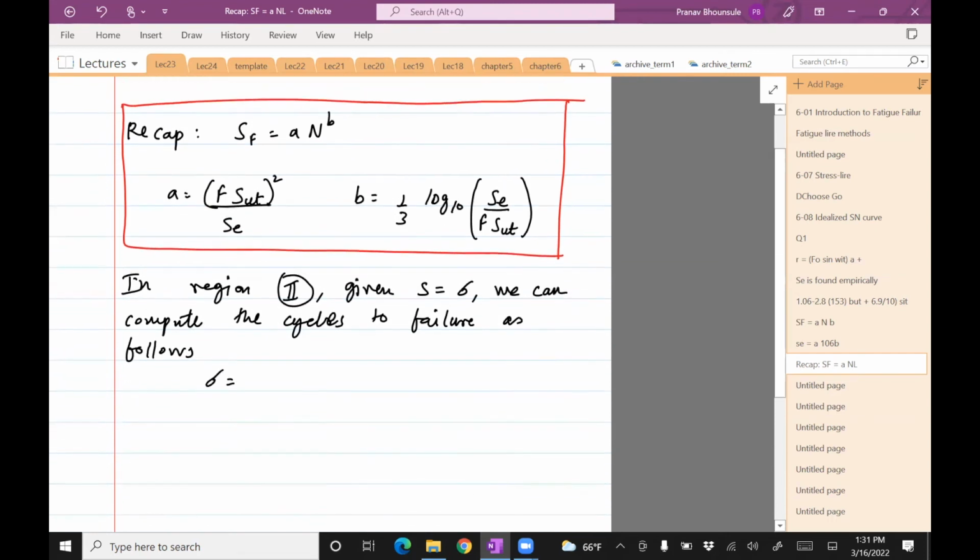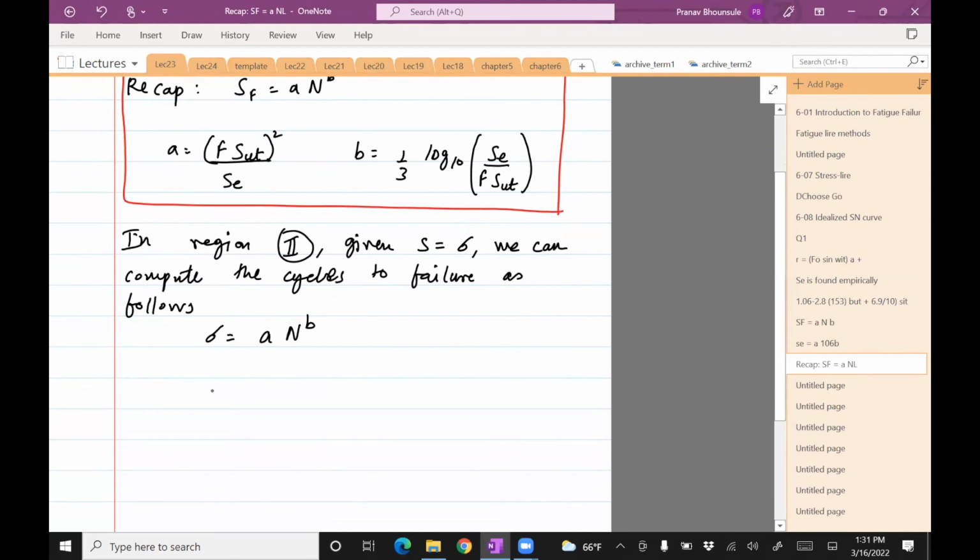Sigma equals, I'm just going to sub in the value for S there, A times n raised to B. And so n is sigma divided by A raised to B.